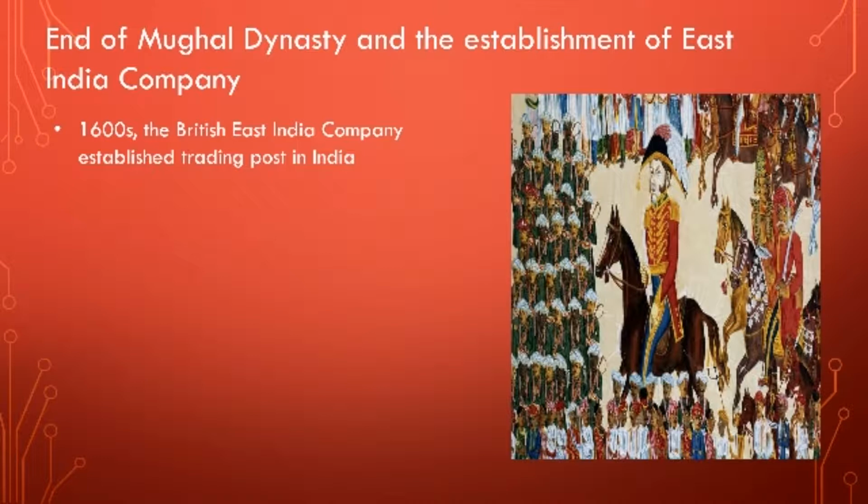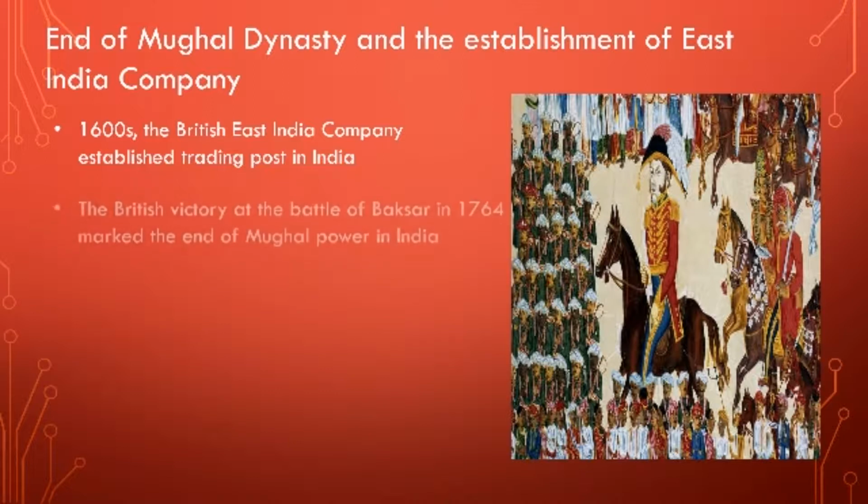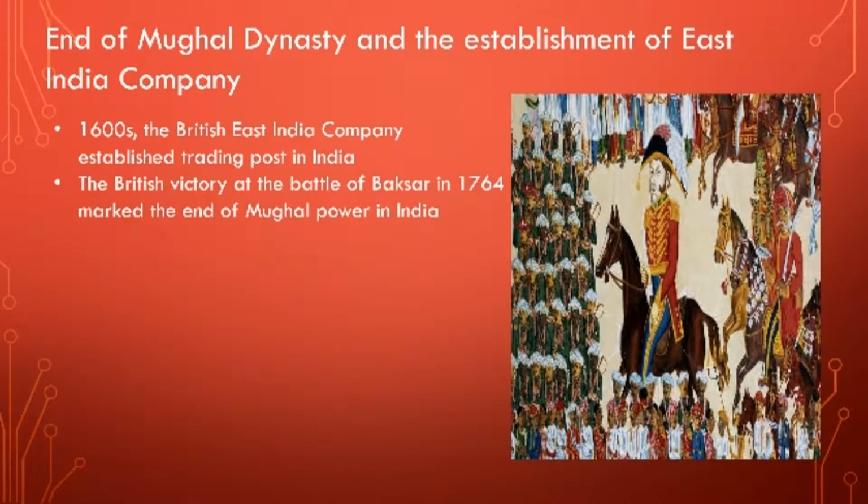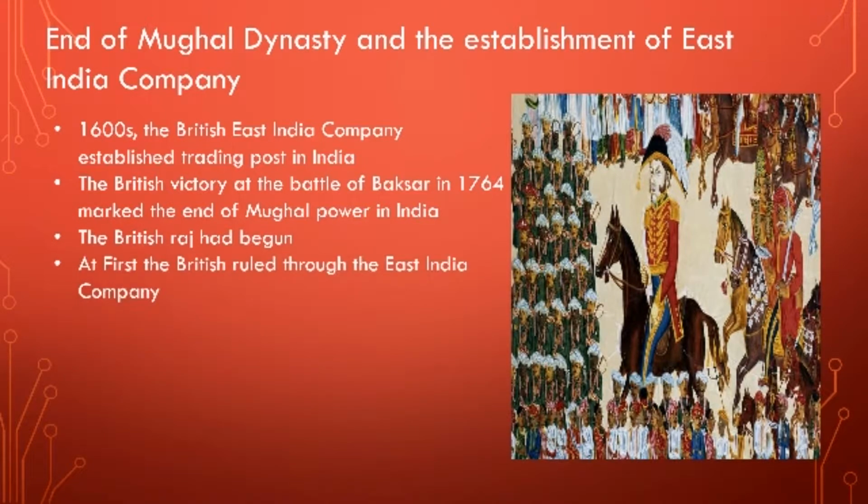First, the British came to the subcontinent just because of trade. Then the British victory at the Battle of Buxar in 1764 marked the end of Mughal power in India. Then the British Raj had begun. At first, the British ruled through the East India Company.